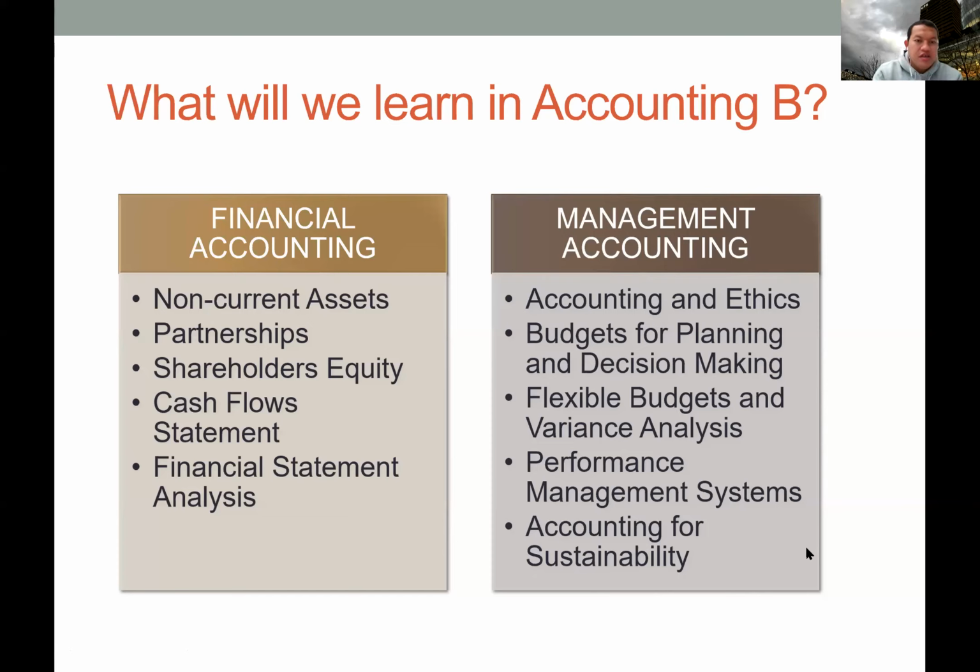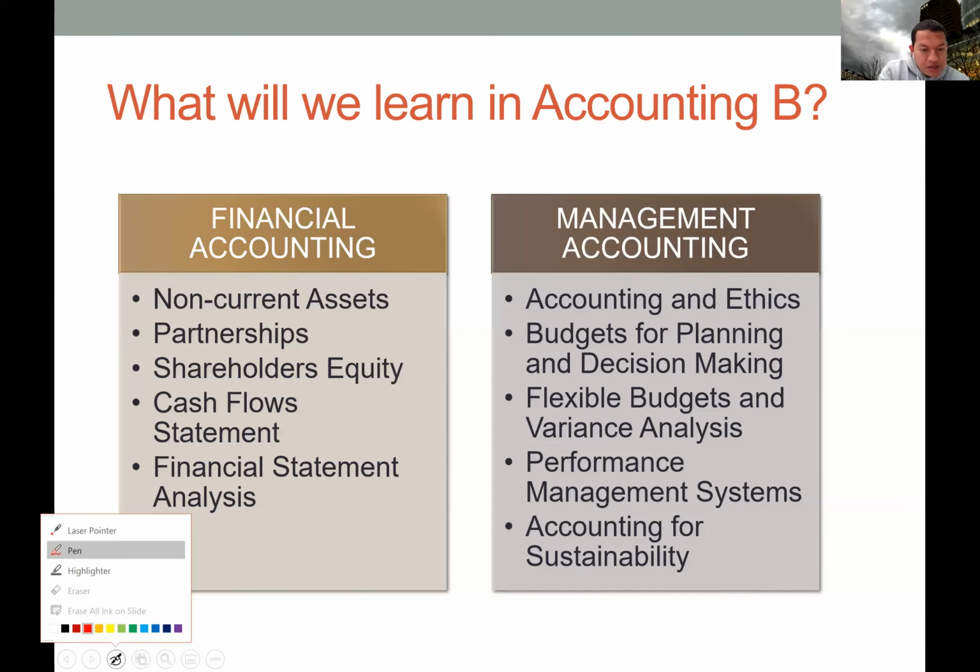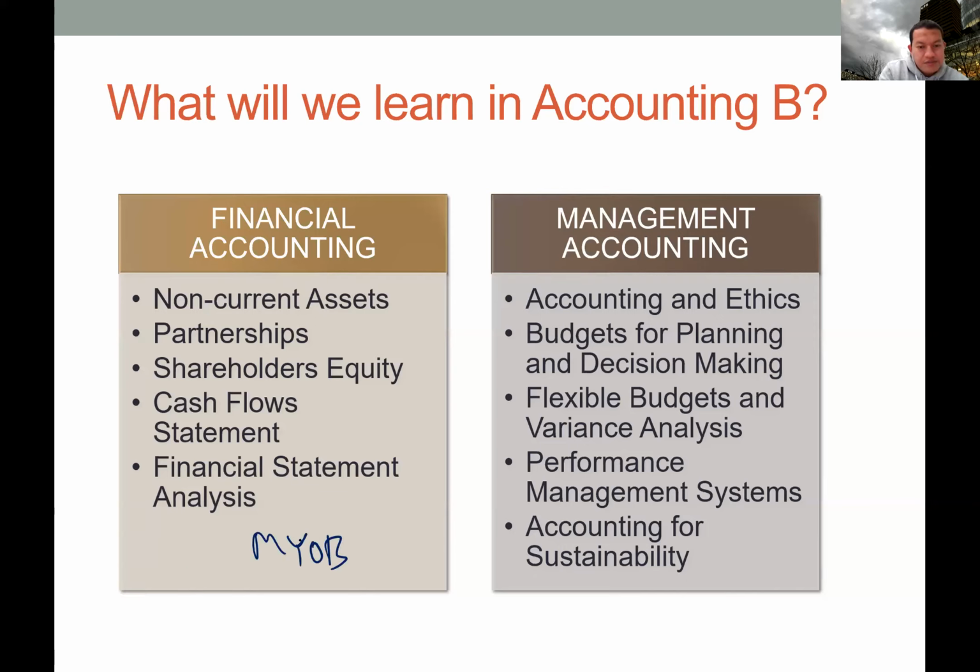Once we finish all the financial accounting topics, you will have your MYOB assignment, due at the end of September. Once you submit it, we will move to the second part of the subject, which is more on management accounting topics.